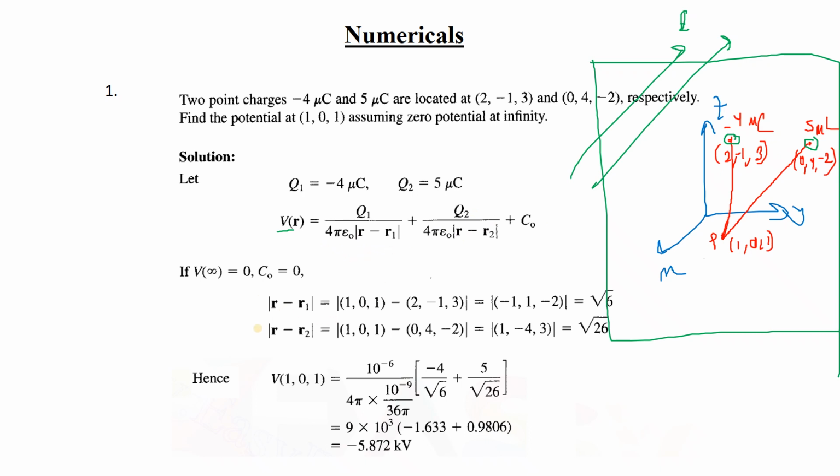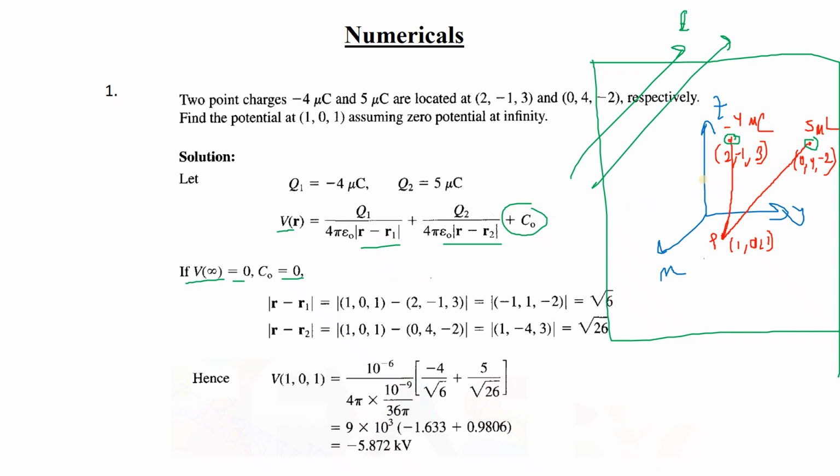So we directly use the formula and then calculate. If the potential at infinity is 0, that means C0 is 0, so this is not required; we don't generally use it. Now, displacement is concerned.